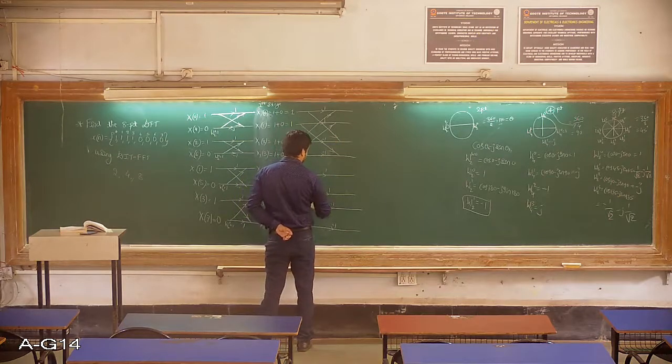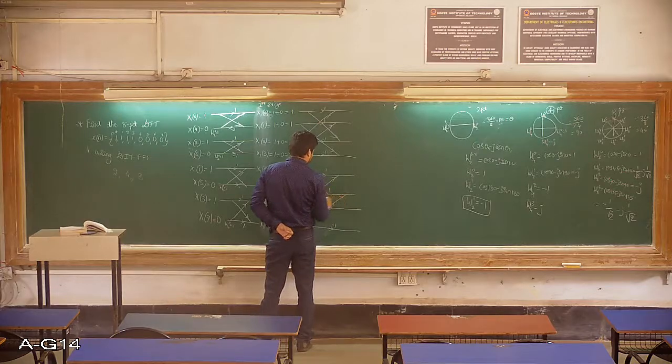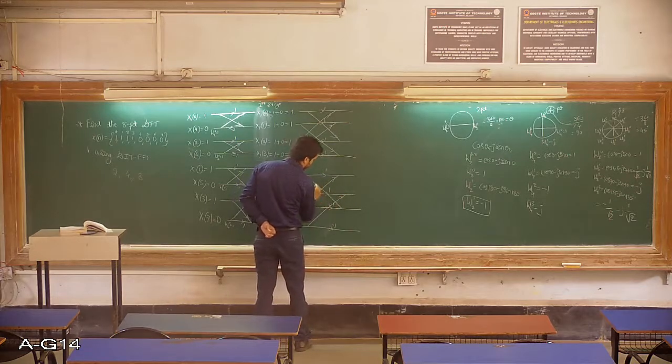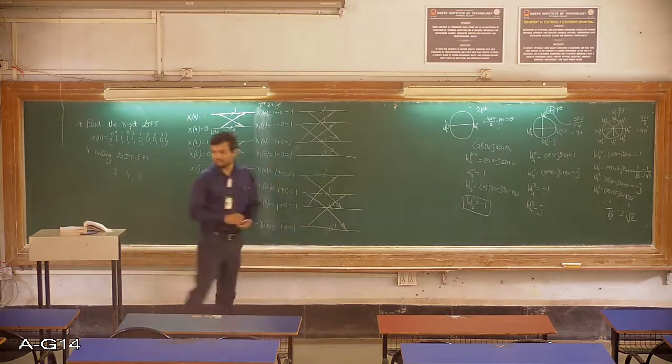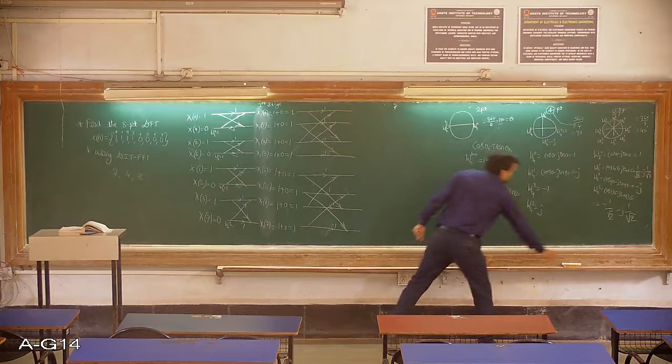Again, two values are upward, two values are downward. This is the second stage calculation. Here we will get the second stage answers.